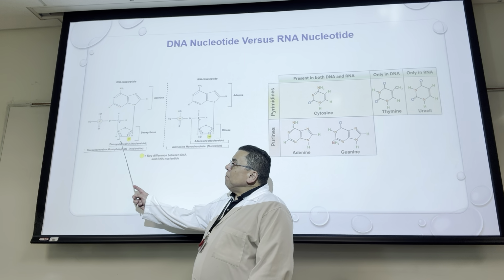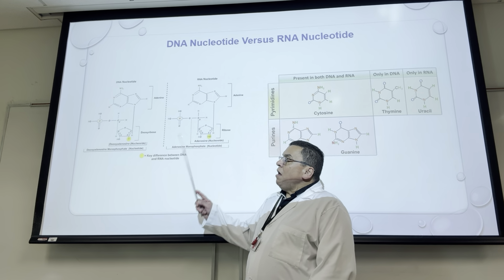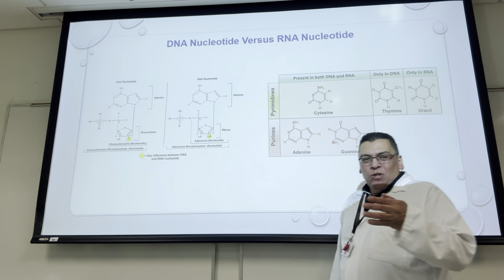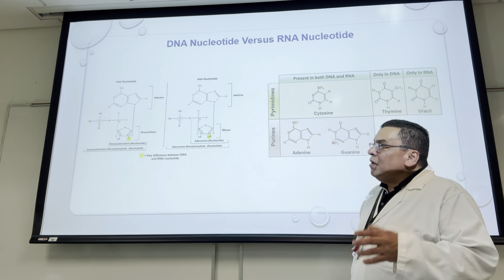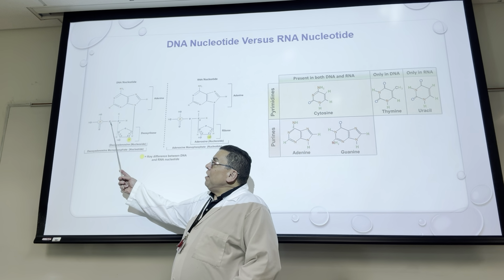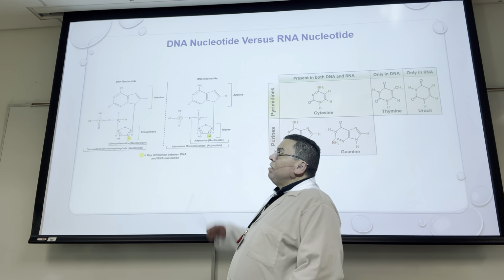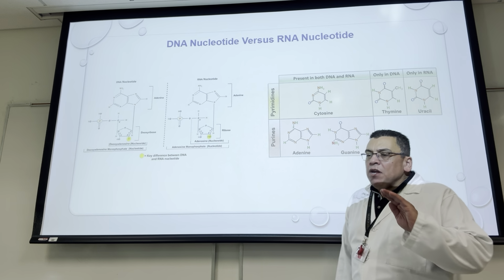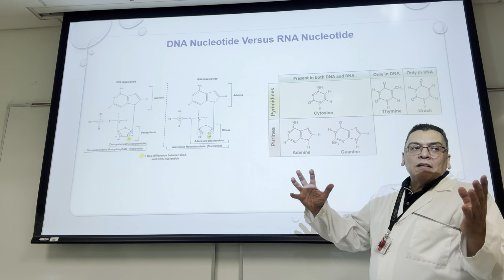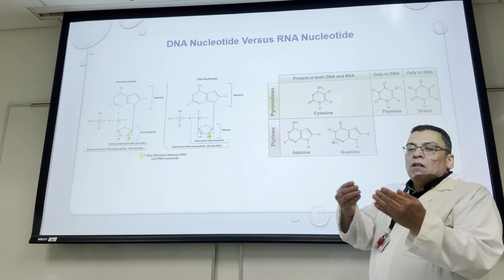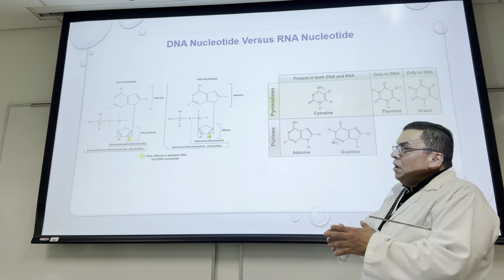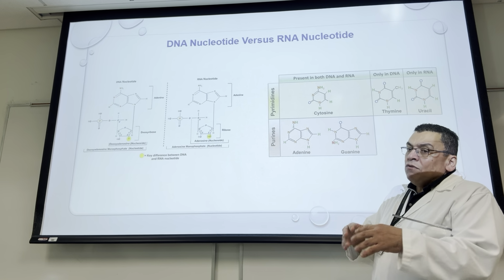Okay, the 3' carbon in both of them has a hydroxyl group. The hydroxyl group in the 3' carbon, as well as the phosphate group in the 5' carbon, are both very important in attaching the nucleotides together to make the DNA, or the nucleotides together to make the RNA.